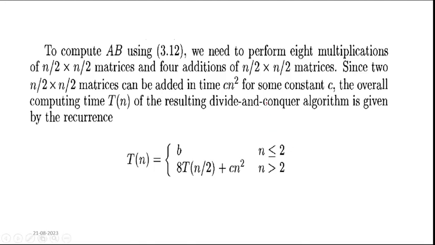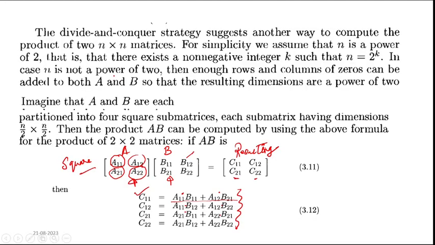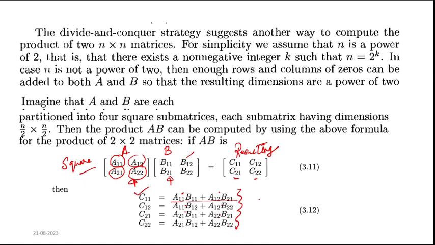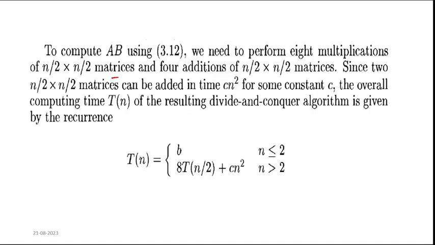8 multiplications of n by 2 into n by 2 matrices, and n is just the order. For additions of n by 2 into n by 2 matrices, 4 additions are needed. Total 8 multiplications and 4 additions.